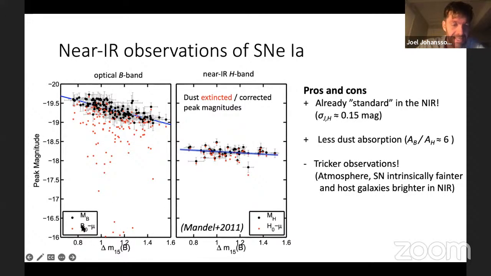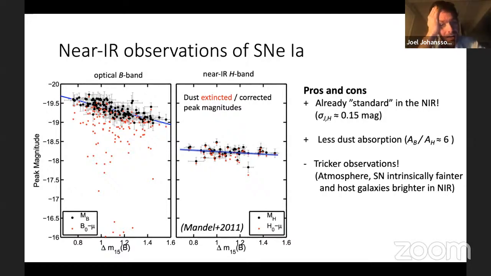versus this decline rate parameter. And then you have to correct for dust, and that lifts all the points up to these black dots. And then you have to correct for this blue line here, the linear relationship between the stretch or the width of the light curve and their peak brightness.